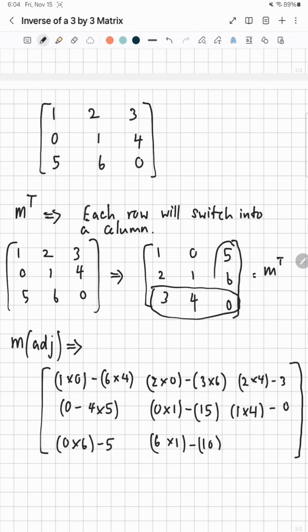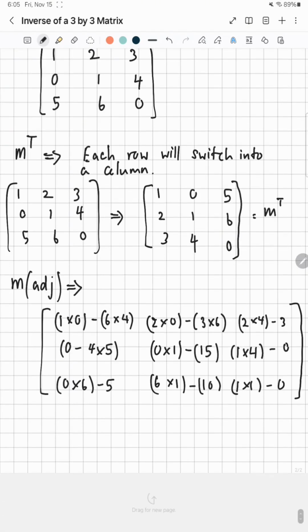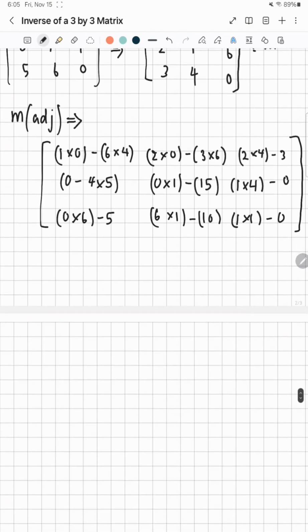I hope you all understood. If you guys have any doubts, just drop them in the comment section. It's a pretty long step. So that's how you get the matrix, you can just call it the adjugate.